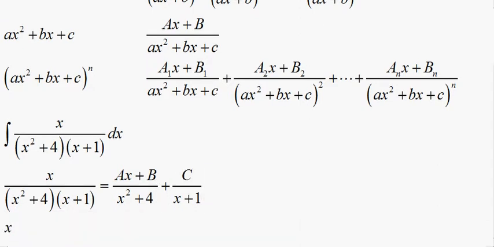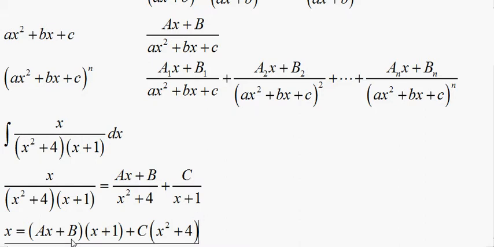So this is going to be ax plus b, and then this one will be c. Now we multiply both sides by the denominator, and we get x equals ax plus b times x plus 1, plus c times x squared plus 4. You can't eliminate this term at all.